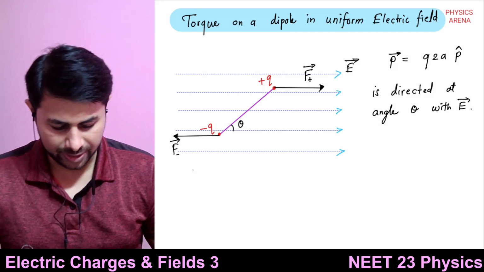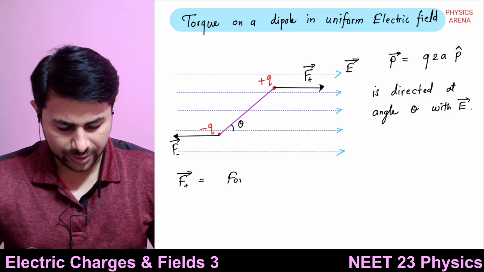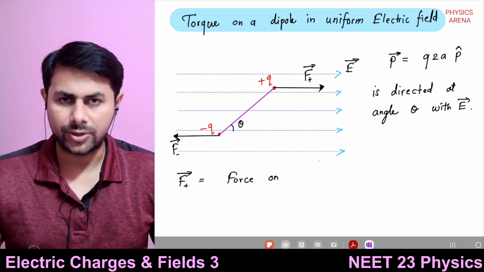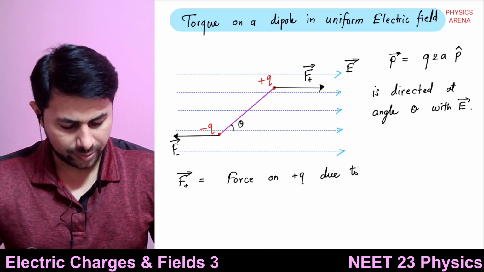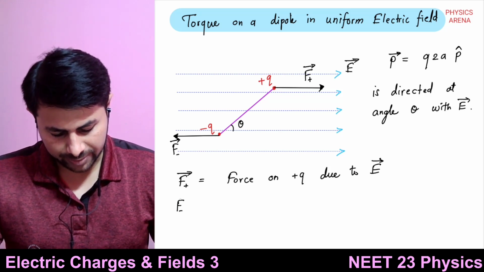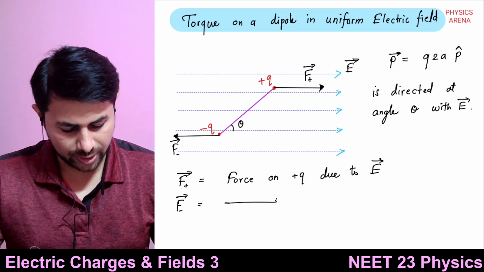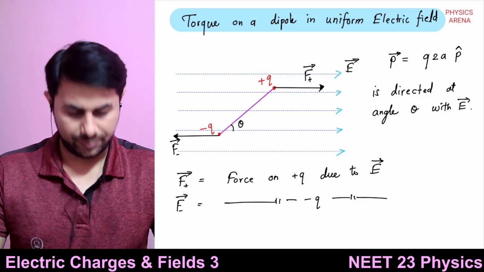So what is F plus bar? It is the force on the positive charge, force on plus Q due to the electric field E bar. And similarly, F minus bar is the force on minus Q due to the electric field.